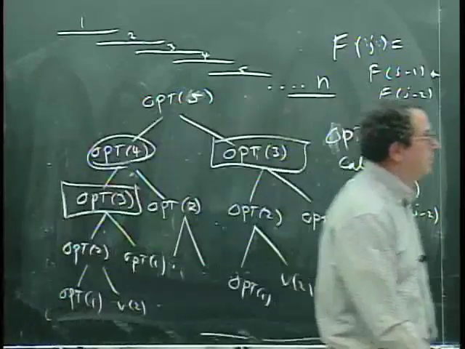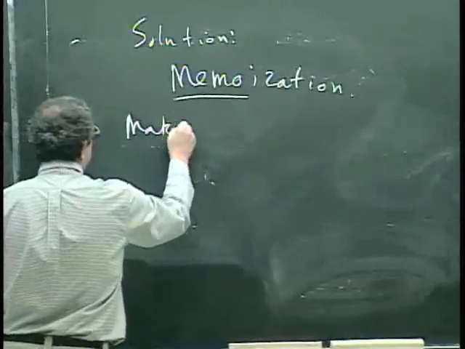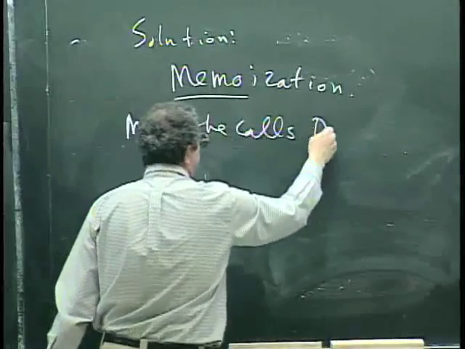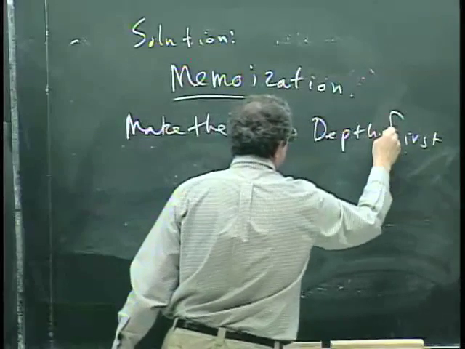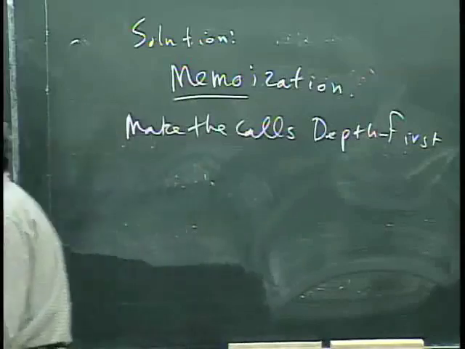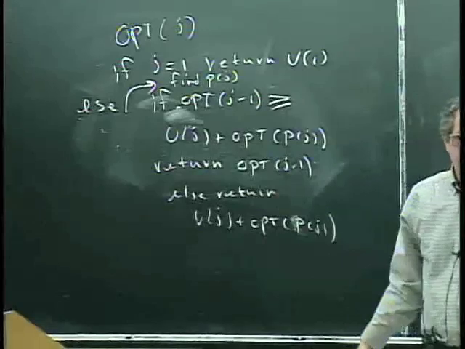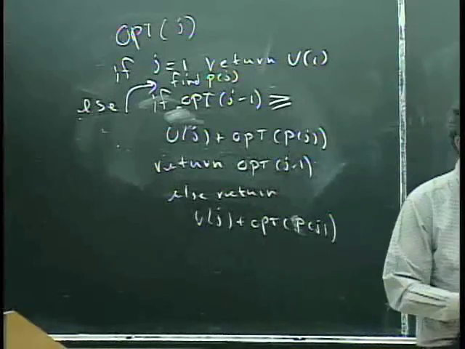So the first thing in memoization, the easiest way of doing this, is make the calls depth first. We're going to implement the calls depth first, which is probably the way the recursion would implement it anyway if you just wrote your program in the obvious way.